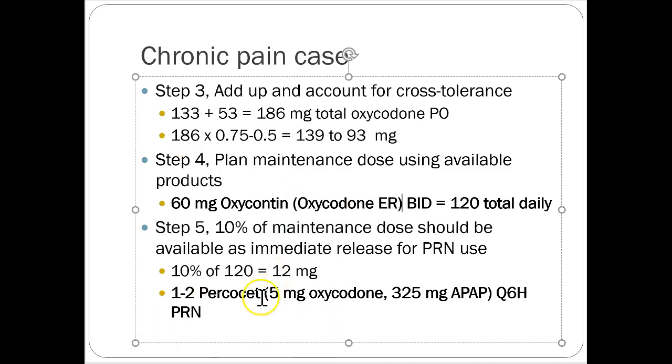The point is that you're giving them something that they can use on top of their existing regimen in case they have breakthrough pain, and that's really the whole concept of the PRN option. So don't get too hung up on the 10% rule. It's sort of just a loose guideline, not necessarily a firm rule that we follow, and it's not as important when compared to the whole calculation converting their maintenance regimen.